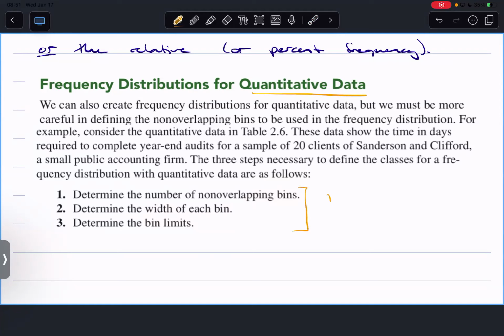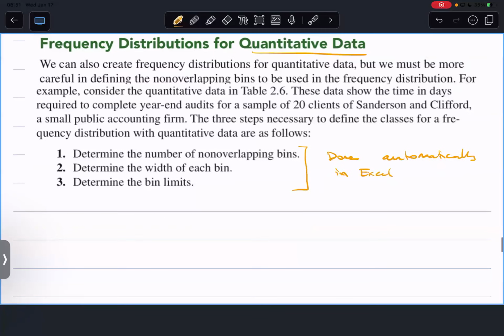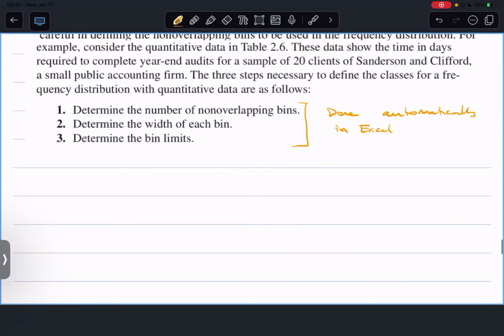automatically in Excel or any software that you use. But you can adjust these things, so you can make adjustments to the bin width, for example. I'll show you how to do that. It can change the shape of the distribution, so it's nice to play around with the bin widths.